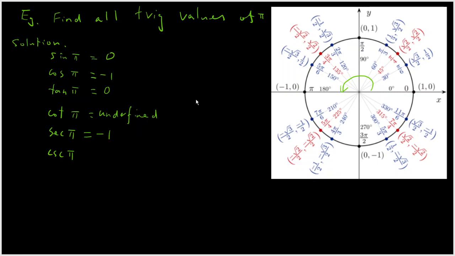Or you can use the relation between secant and cos. Secant of pi is the same thing as 1 over cos of pi. You see it's -1. Cosecant of pi is r over y. Cosecant of pi, please. Undefined, right?